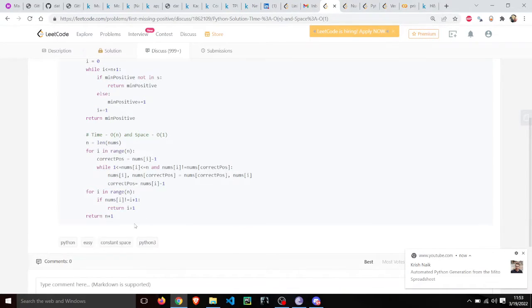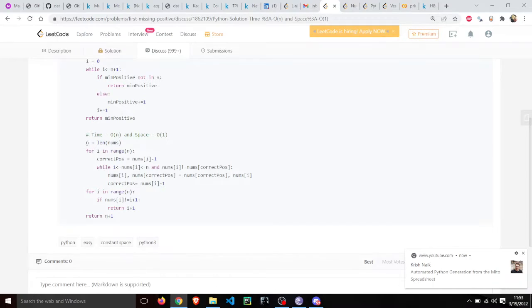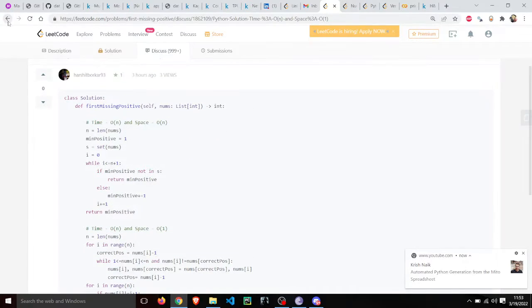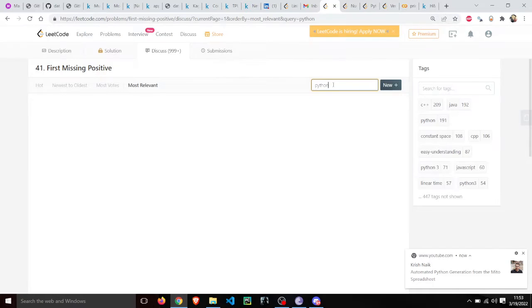Let's look at this, this is the constant space one. So what is he doing? He's taking n, the length of nums, then iterating through that. Now correct position. While nums[i] is in between this, he's swapping it. I don't know, let's take a look at another one. It's not pretty clear.